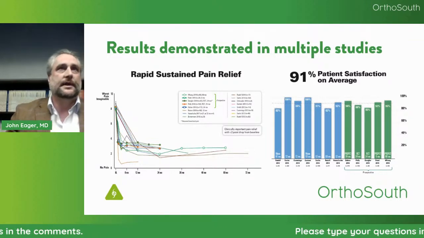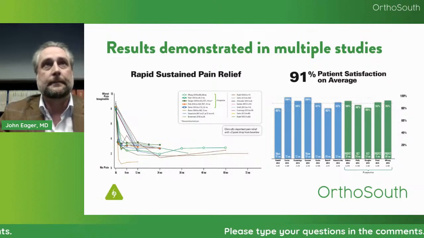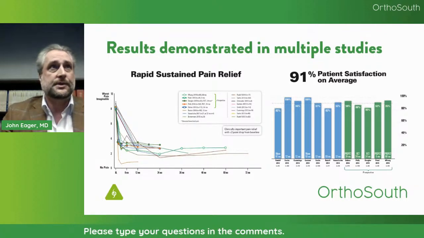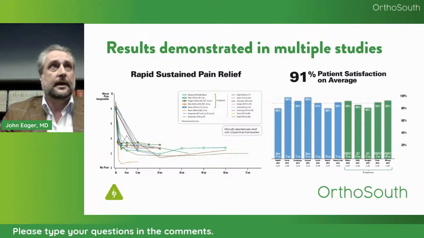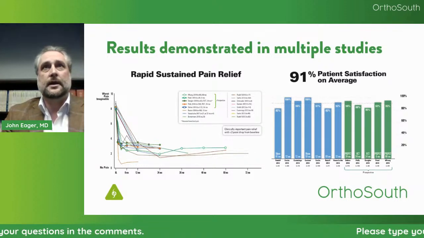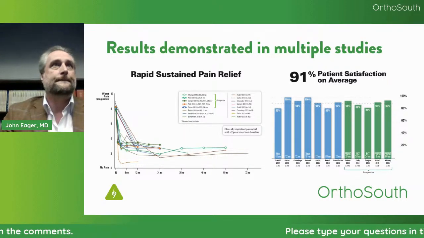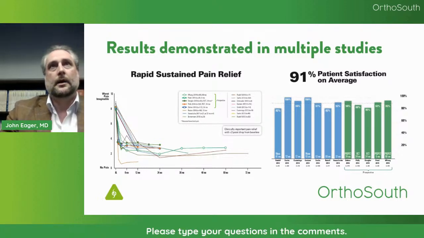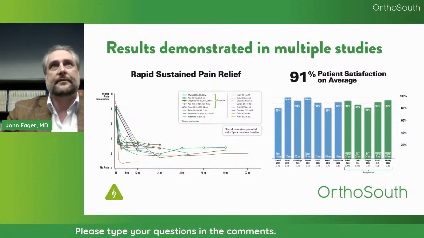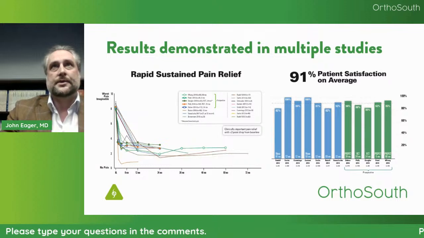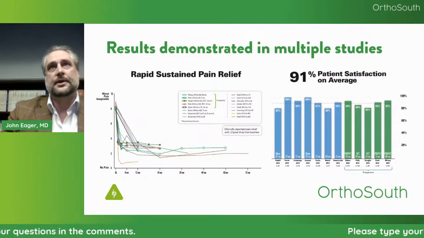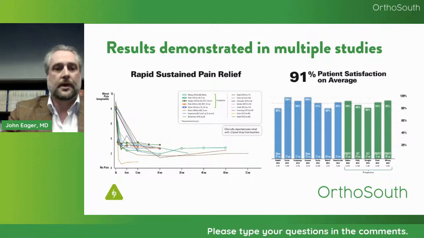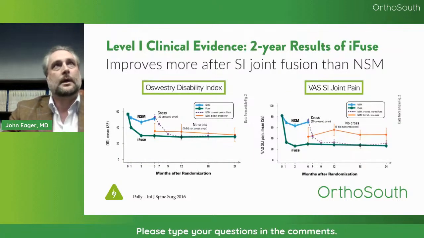Some of the results, I know these are busy slides, I won't belabor these too much, but multiple studies show the visual analog scale pain before and after treatment with the SI-BONE iFuse system. 91% patient satisfaction on average, again, through multi-center prospective and randomized controlled trials.